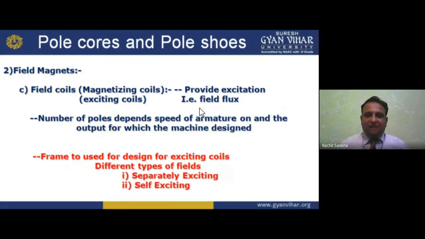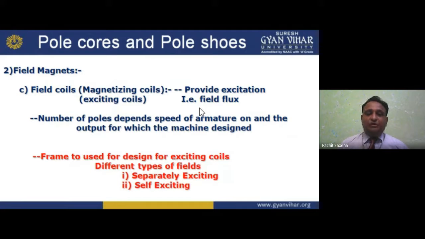How many poles I need and how many poles I have to make depends on two things: the machine design output and the speed of the armature, that is, the speed at which the rotor rotates. So I hope you understand.